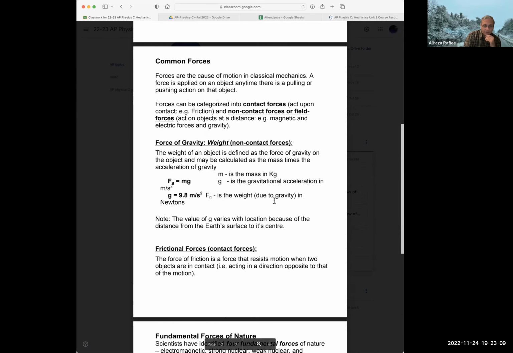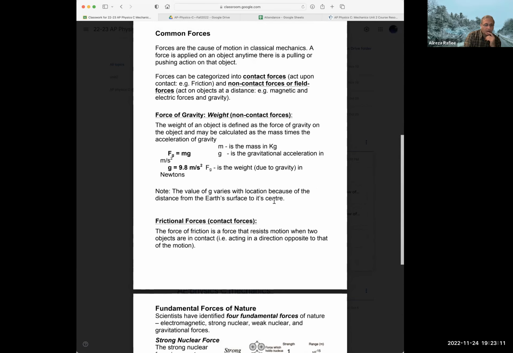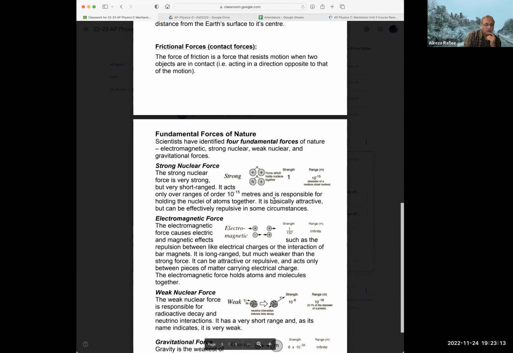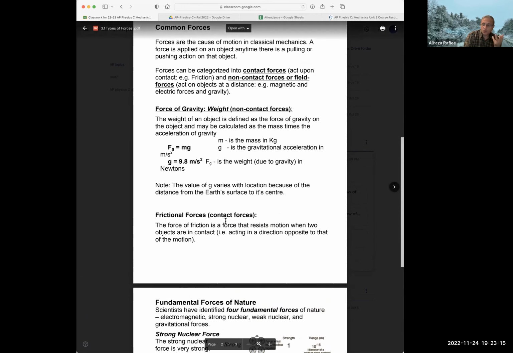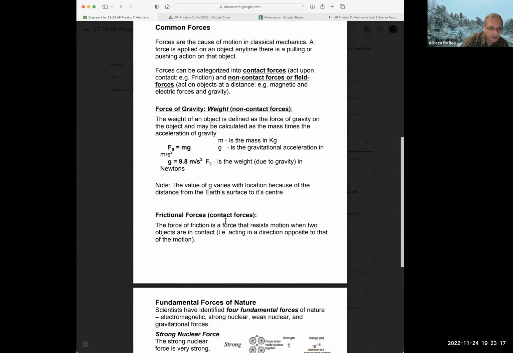There are four fundamental forces in nature, which we need to make sure we know. Friction is also a force, normal force is also a force, but these are not fundamental forces. The friction is the electromagnetic force between the two surfaces, and the normal force is technically a third-law reaction force. You push against the surface and the surface is pushing you back.